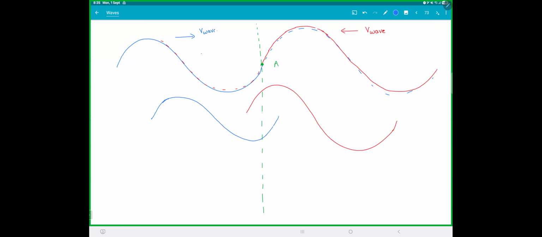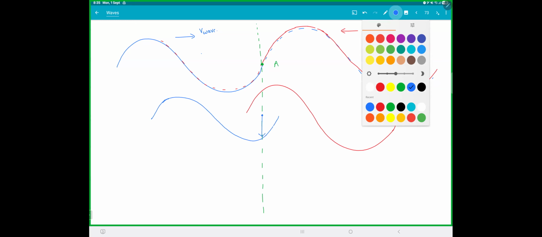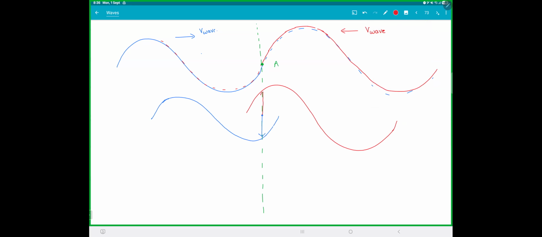Now, if you notice this point A, the blue is trying to push you down. The red is trying to push you up. But the net displacement at A, y_A, will be 0. By whatever amount the red is trying to push you up, by the same amount the blue is also trying to push you down. By the principle of superposition, the net displacement will be 0.